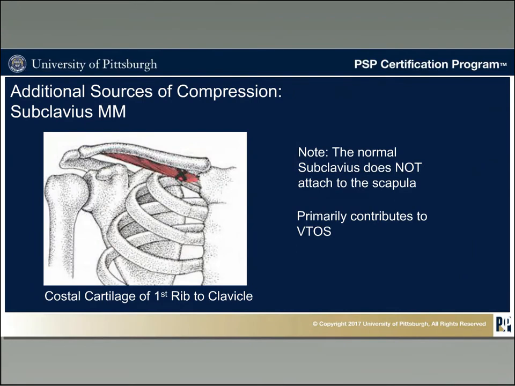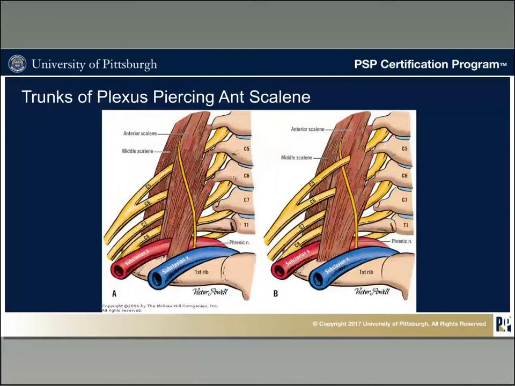Additional sources of compression of the neurovascular bundle can include the subclavius muscle. Note, the subclavius muscle does not actually attach to the scapula, but runs along the underside of the clavicle itself, attaching on the costocartilage of the first rib, with its terminal attachment on the clavicle.